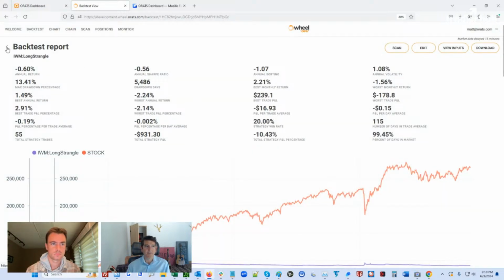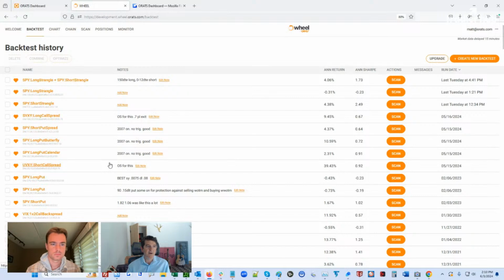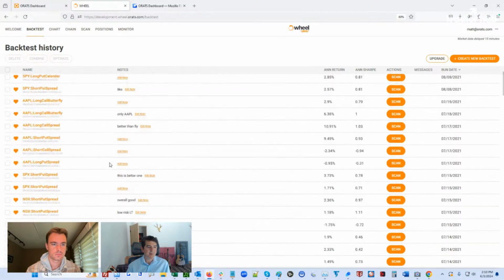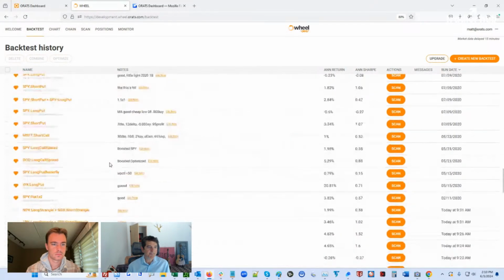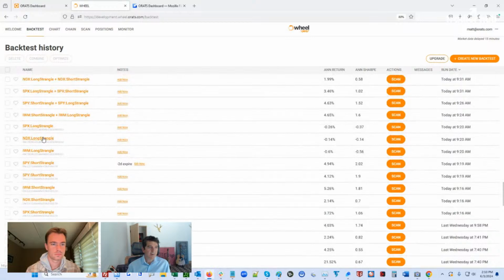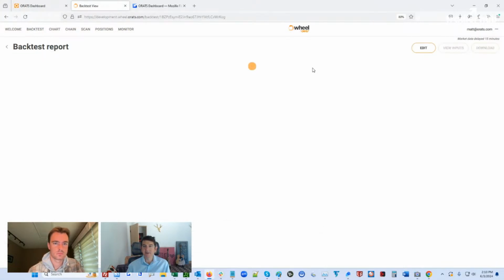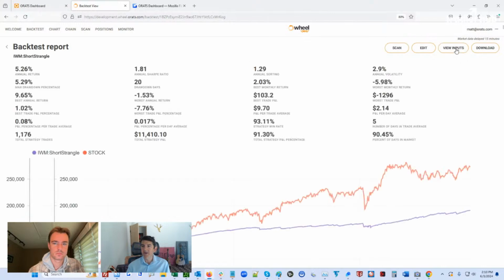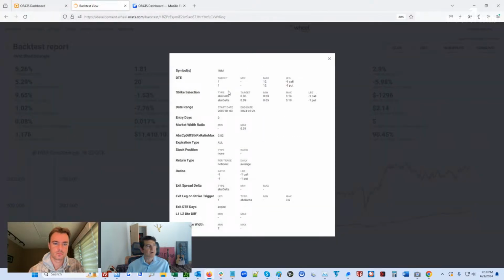On the short side, let's go down to the IWM short strangle. Again, this isn't a recommendation, but go paper trade these for a while and backtest it. This is a 1 day target, and then we'll take anything.